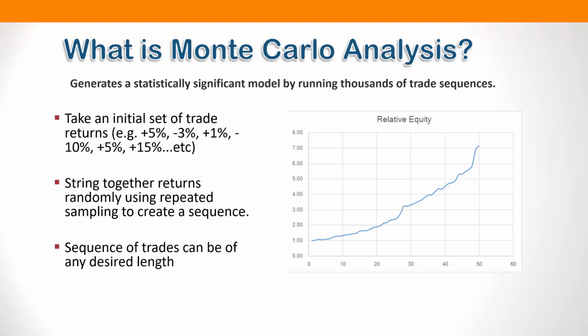But there's nothing really to say that that sequence is going to be continued. The returns may be valid for the trades because you're looking at signals and returns generated from those signals, but the sequence can be completely different. So the question that the Monte Carlo analysis answers is what happens if the sequence in which you receive those trades is different.